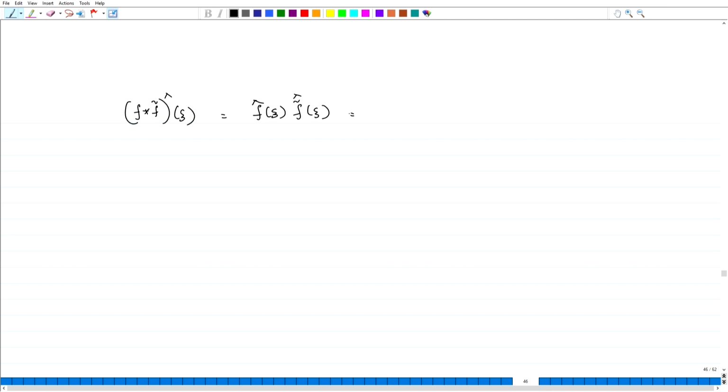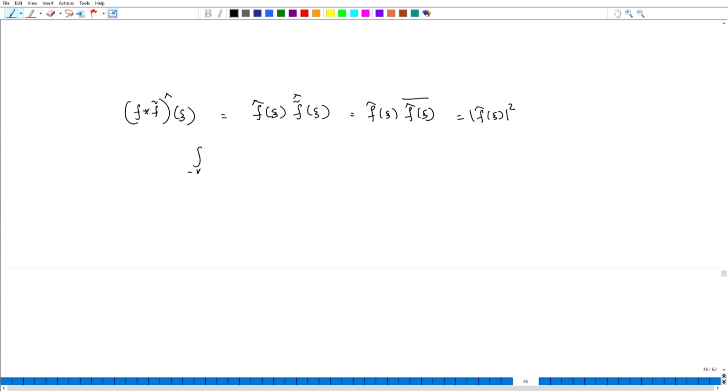So, this is equal to f hat of xi and f hat of xi bar, which is nothing but mod of f hat of xi square. So, successfully we have got a function g in the Schwarz space, namely f convolution f tilde, whose Fourier transform is mod f hat of xi square.